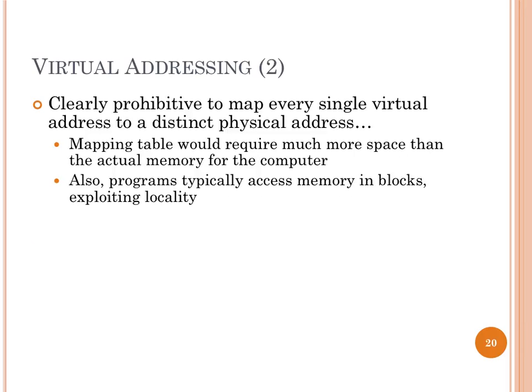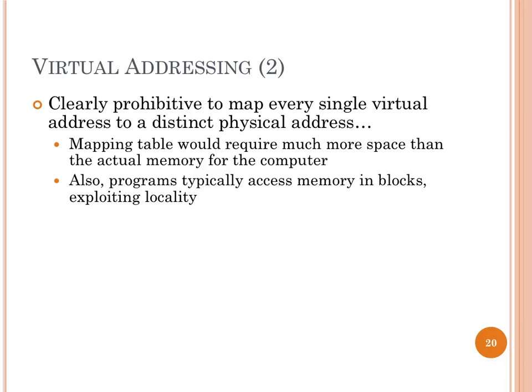Okay, now we don't want to map every single address, because remember, on x86-64, we've got 2 to the 48 different addresses. That would suck. We don't want to have a humongous table. So since we see that the table would be too large, and since we typically have programs that want to access memory in chunks because they want to achieve good locality, remember we have cache lines, those are 64 bytes.